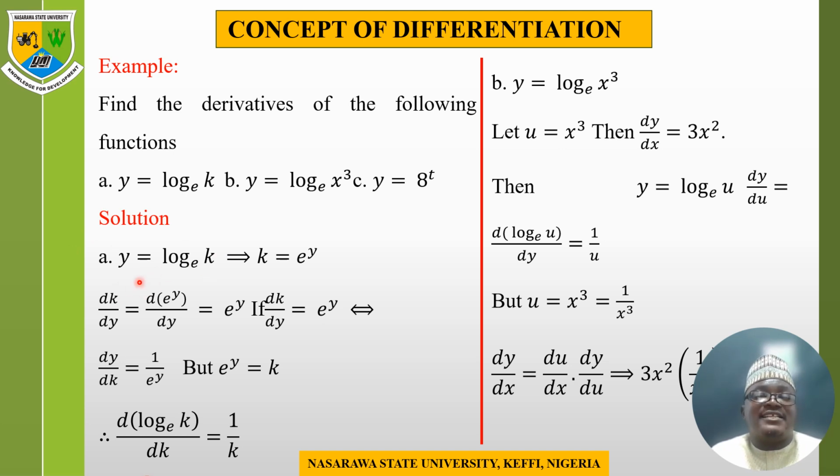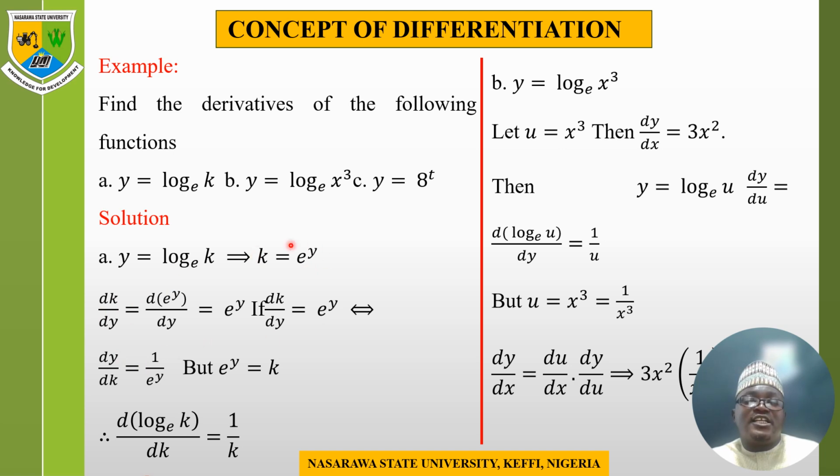If you follow the logarithm law, log e of k, if you let this one be equal to y, you are going to have k equal to e raised to the power of y. This is from the law of logarithms. Any variable, any alphabet you can use, but here we make use of y. If you let this be equal to y, you are going to have this.